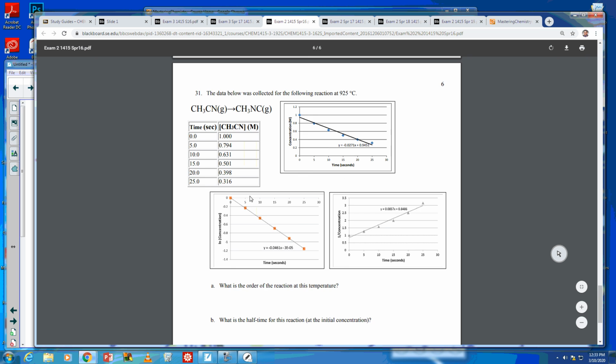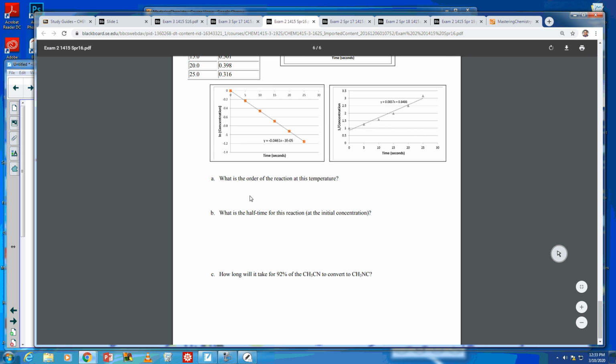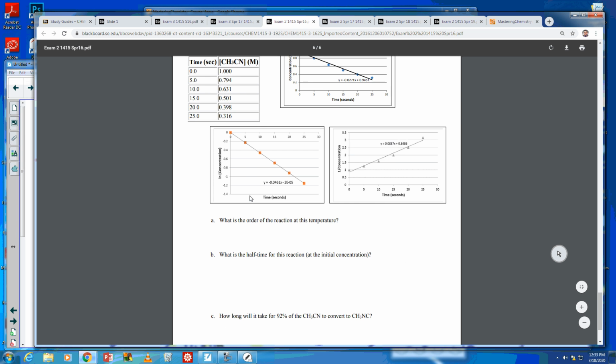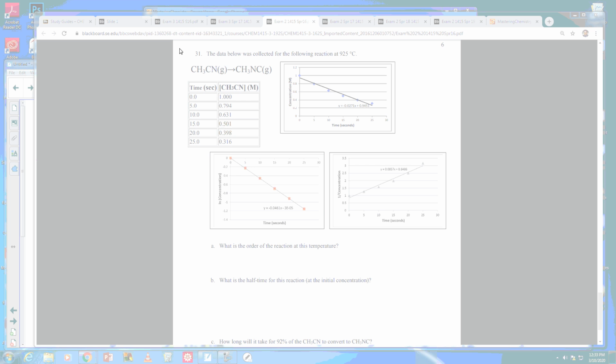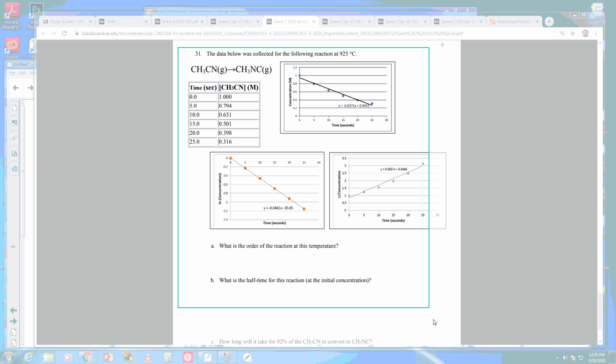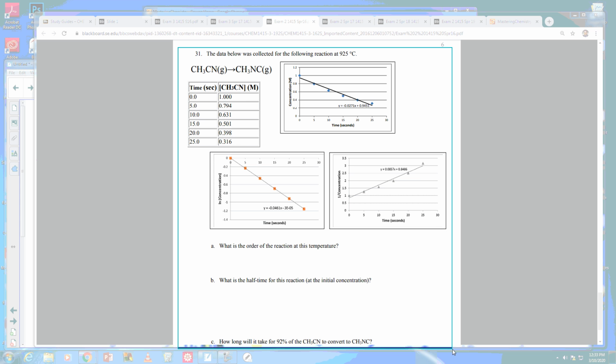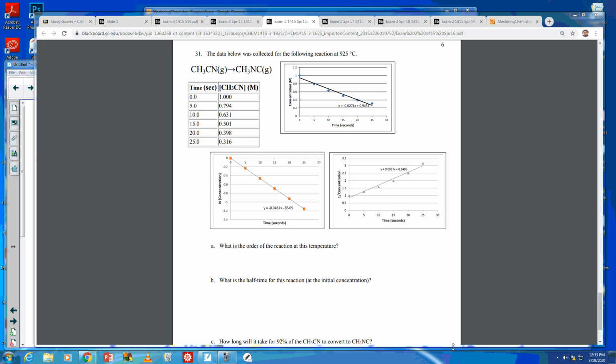So we were looking for a half-life problem with that one. So let's do this one. Try to get all of it in there.